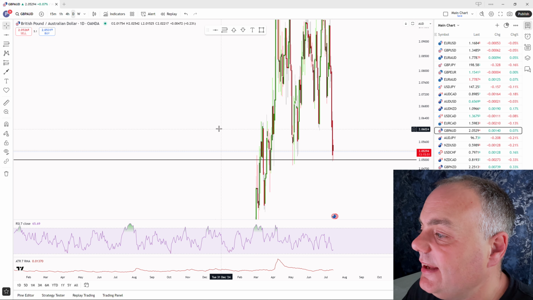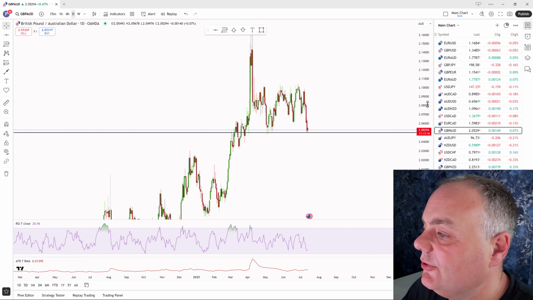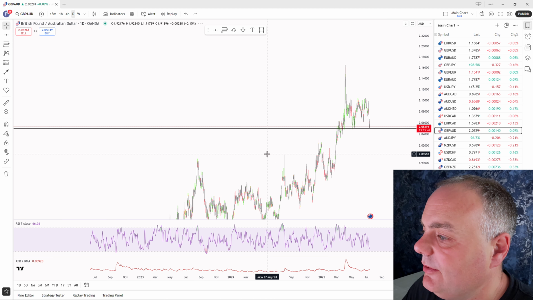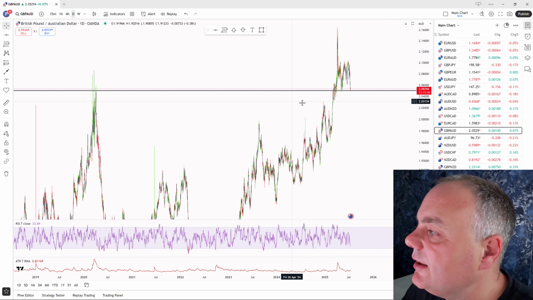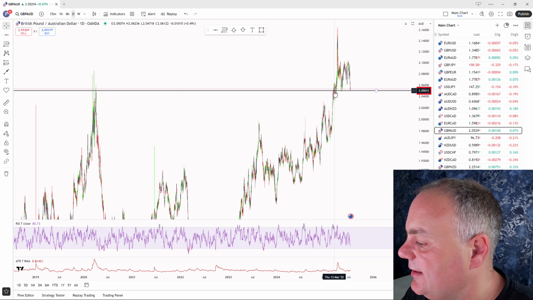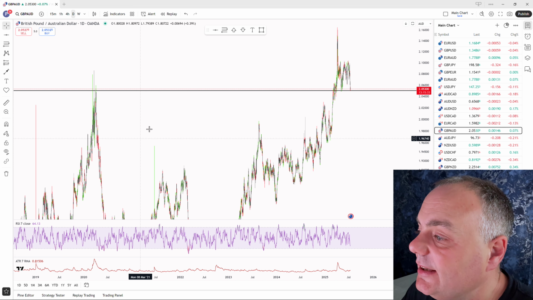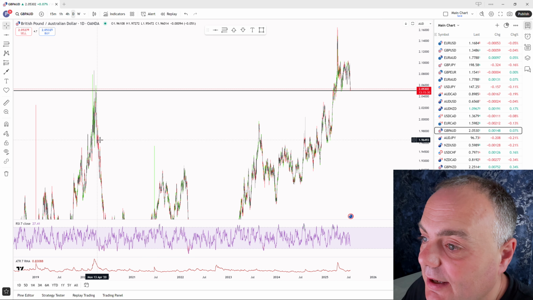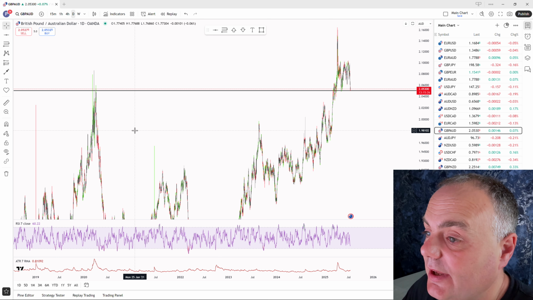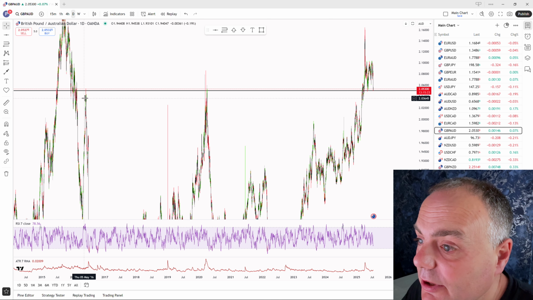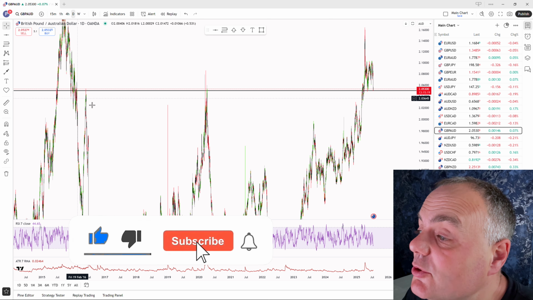If we look on the daily, what's the Pound Aussie been doing? We'll zoom out on all of this. The Pound Aussie has been trading above this line since March 2025. But as you can see, prior to that, it was trading below that point, and it hit that point in 2020. So if we look, the Pound Aussie had been trading below that point since February 2016.